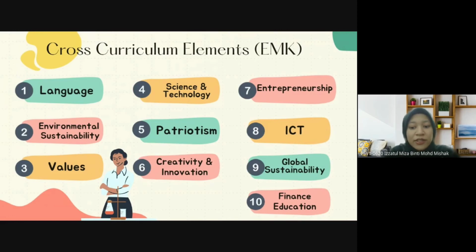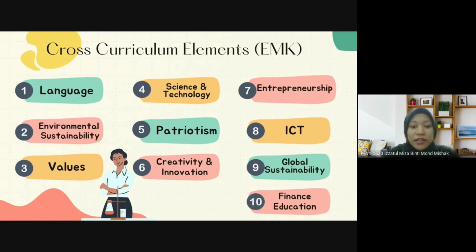Okay, next one, which is patriotism. Patriotism can be nurtured through this mathematics subject and other non-subject activities, which are co-curricular activities and community service. Patriotism can produce students with the spirit of patriotism and pride as Malaysians.